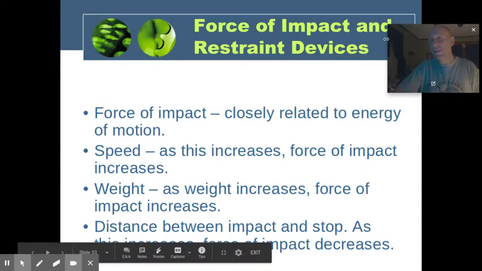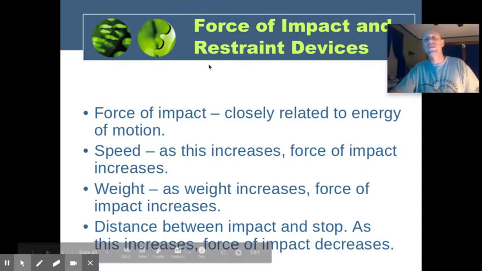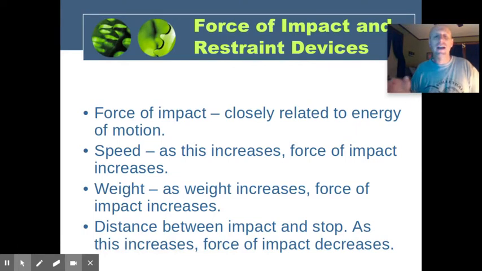And that's really one of the main things that restraint devices are designed to do. They're designed to increase the distance between impact and stop. And so one of the things that your seatbelt does when you've got that seatbelt on, when you get in a crash and your body goes forward, that seatbelt is actually designed to stretch a little bit.